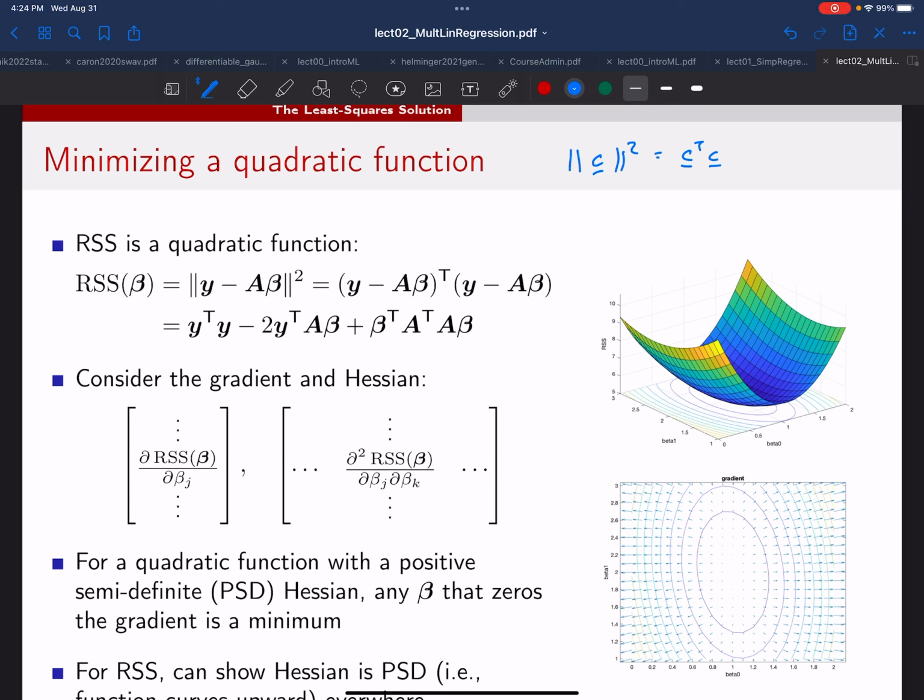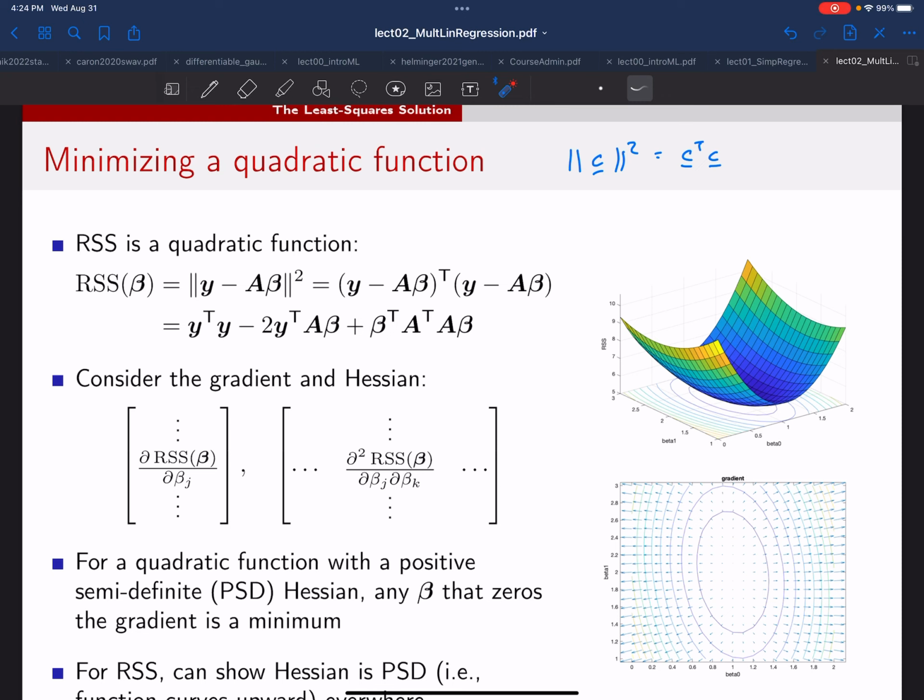That exposes what the norm is doing. It makes it easier to work with. So we're going to do that here. We write this squared norm in terms of the thing inside the norm transpose that thing again. And now you can see we have a quadratic. We can expand this into the first times the first. And then we have the last times the last.